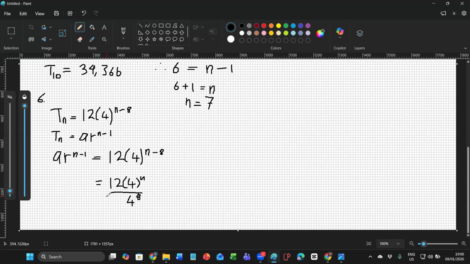Our aim is to get to the minus 1 bit, and this can still be written as 4 to power 7.